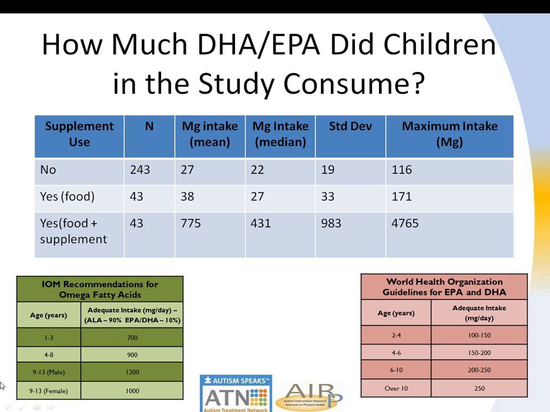When you look at the addition of supplements, however, the mean intake for the children who were given supplements was 775 milligrams per day, median 431, and of these children, only 12 were given over 1,000 milligrams a day, which were doses comparable to the studies in the literature. Next slide, please.